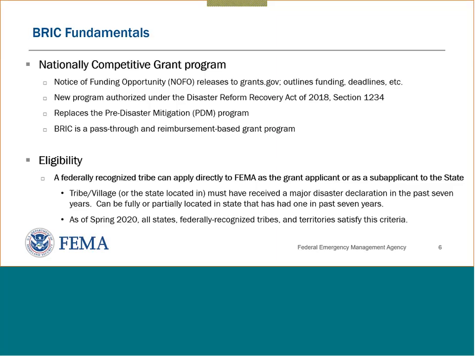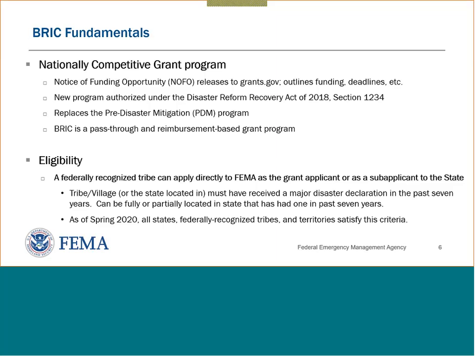To be eligible for the program, the federally recognized tribes have two paths they can choose. They are able to apply as direct grant applicants or can apply as a sub-applicant through their respective state. BRIC requires that the state or tribe have had a major disaster declaration within the past 7 years.